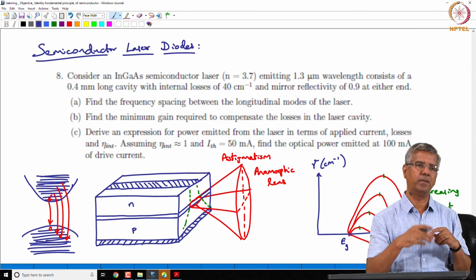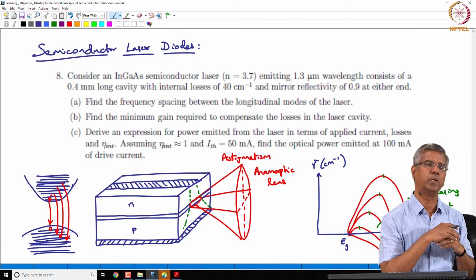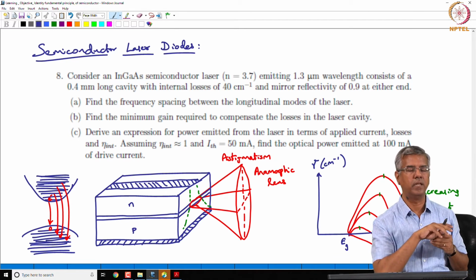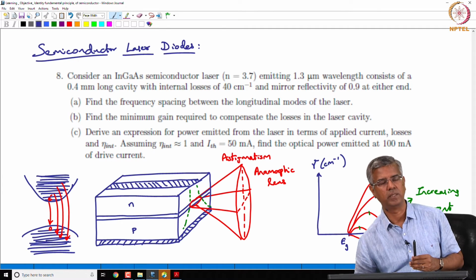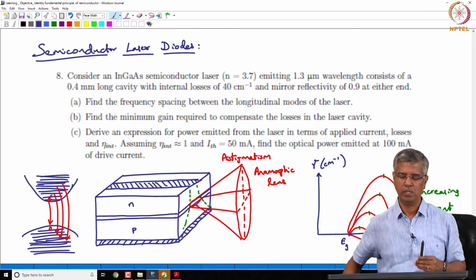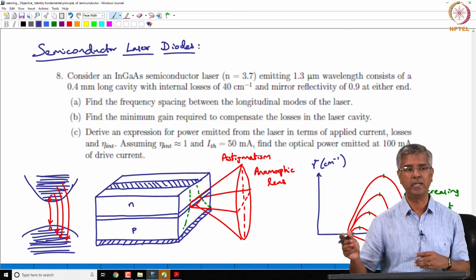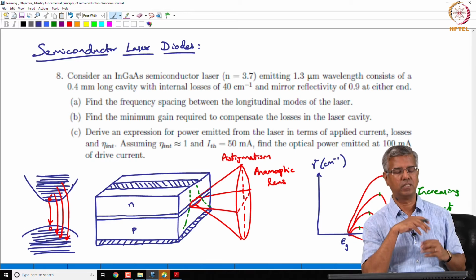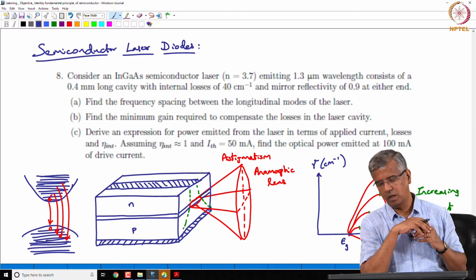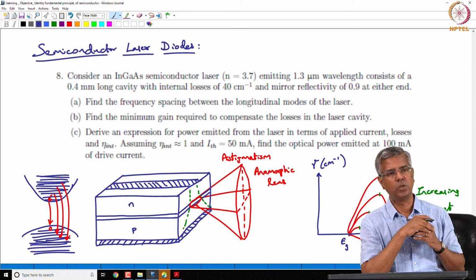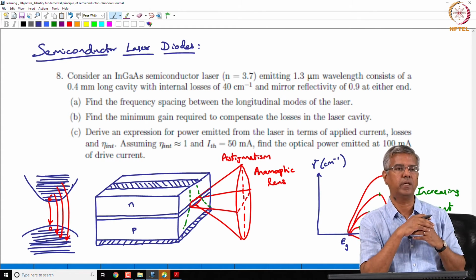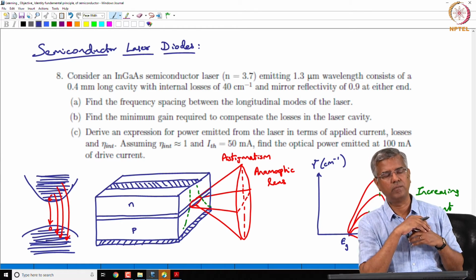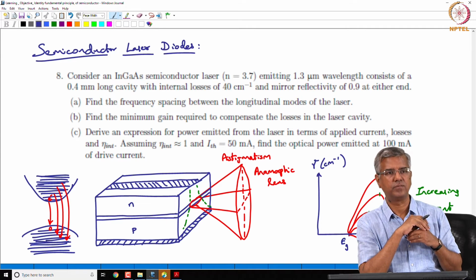So, once you have filled it, you have to go deeper, you are filling the deeper states, and then relatively you are saying the peak gain is shifting to higher energy transitions, which correspond to shorter wavelengths actually, because you have more states, the density of states is more, so more electron population there, and because of that you could have more gain for higher energy levels.